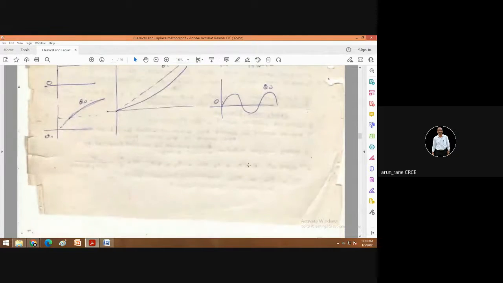Now compare that with sine of 2t. So the value of h will be 1, and sine of 2t means the value of omega will be 2. And K and capital T you get from this first order transfer function.